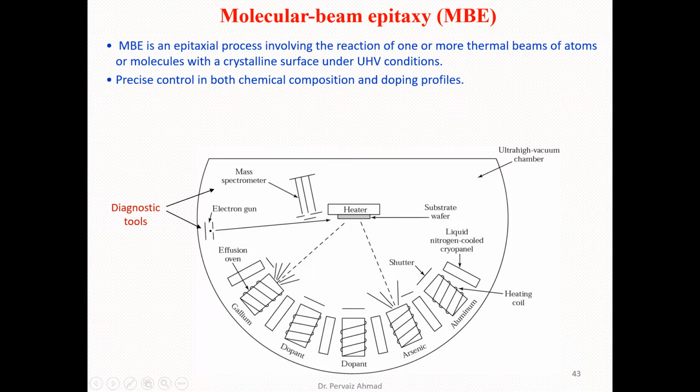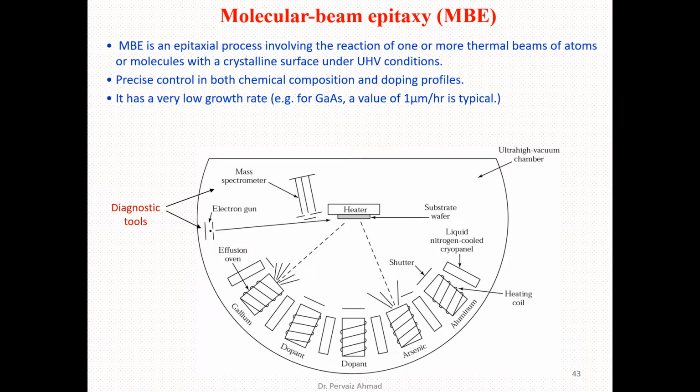So in these techniques we have precise control of both chemical composition and dopant profile. Whatever materials we use as a chemical or as a dopant, we have precise control over all of them. It has very low growth rates.